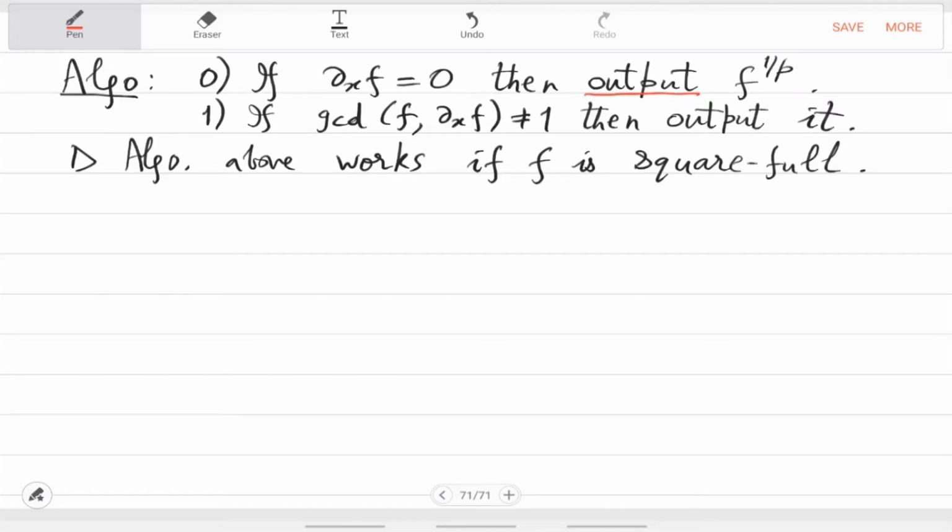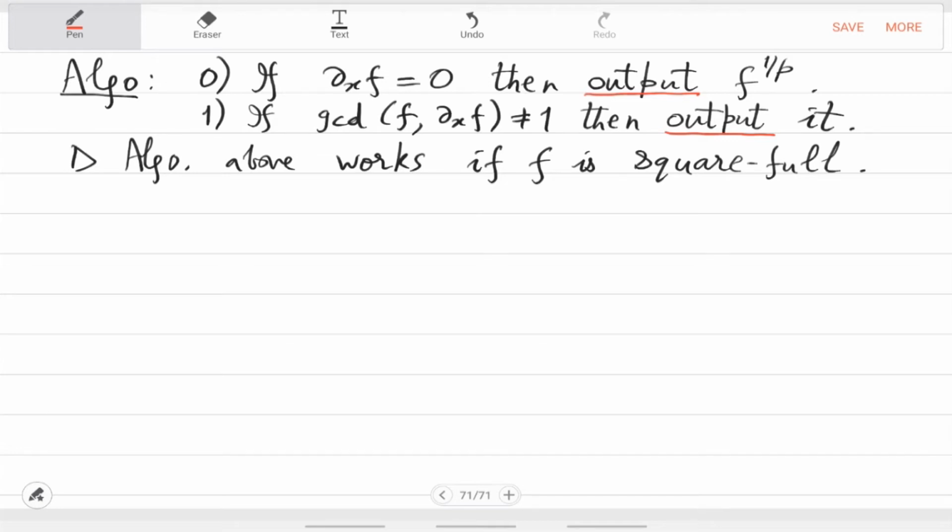If it comes out to be non-1, then you are sure that this is a non-trivial factor, because its degree cannot be equal to the degree of f. The derivative has a degree 1 less, right? So the GCD either has degree 0, which is equal to 1, or it has degree between 1 and d minus 1. So it's a non-trivial factor. So you output it. One of these outputs will be successful as long as f was squareful.